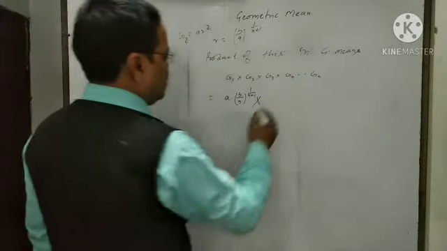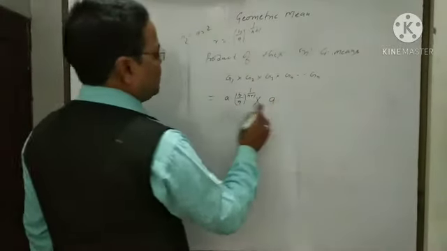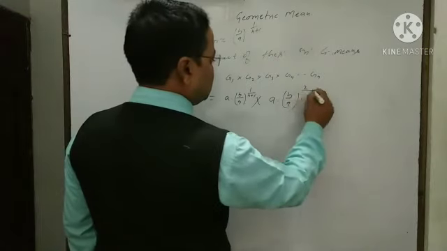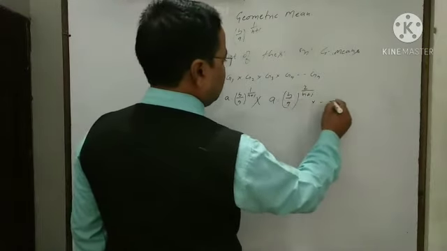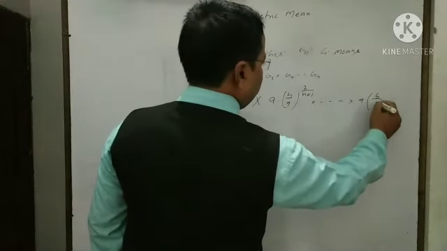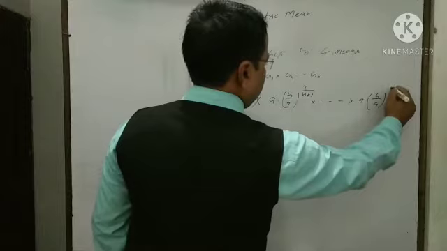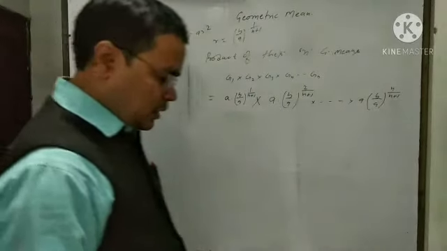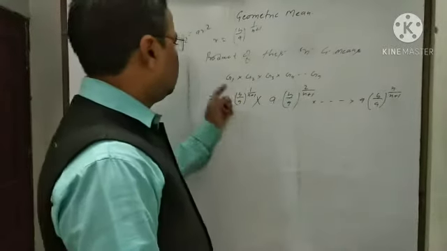So here A and R means B by A raised to the power 2 upon n plus 1. Similarly, the nth term will be A into B by A whole raised to the power n upon n plus 1. Like this way, we can get the product of the n terms.